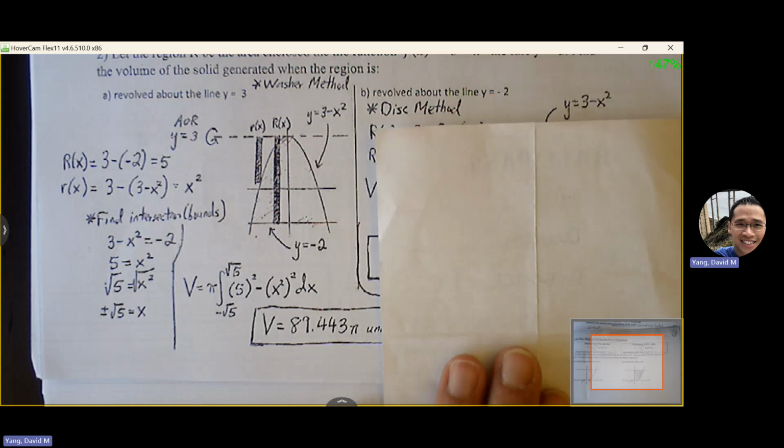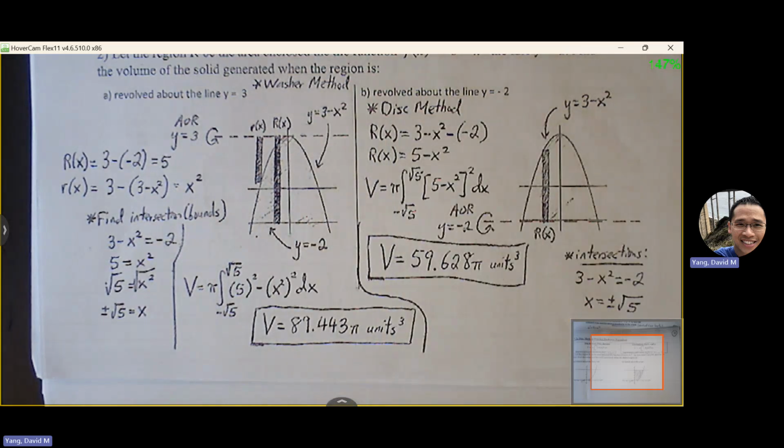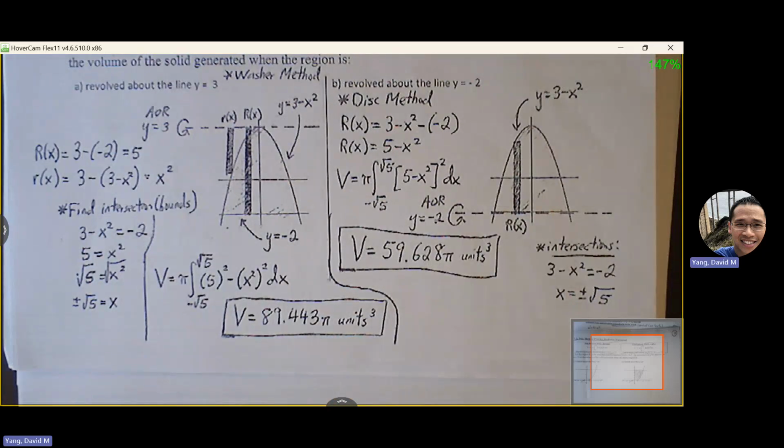This one will be the disk method because now my dotted line is right up against the flat surface of the shaded region. All I need is one big radius. My bounds will stay the same. That's nice.